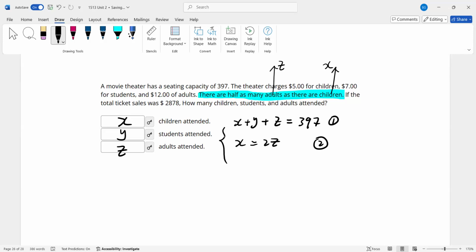Yeah. Okay, there are half as many adults as there are children. Do we agree on that?